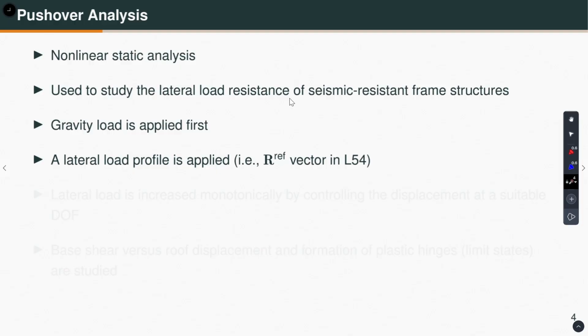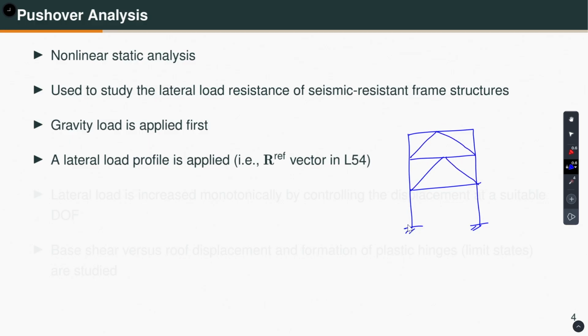What we do typically, let us say if I draw a frame, a multi-story frame. Let us say this is a braced frame, an inverted V braced frame.